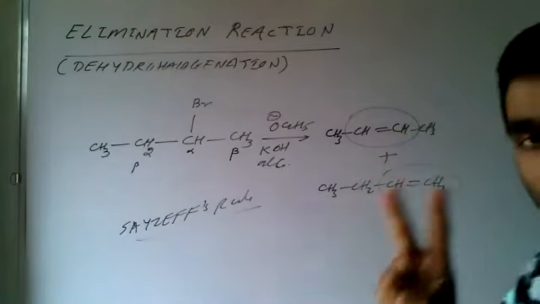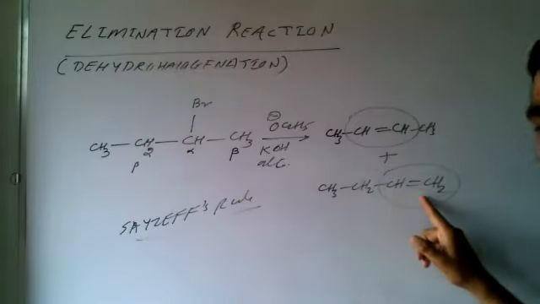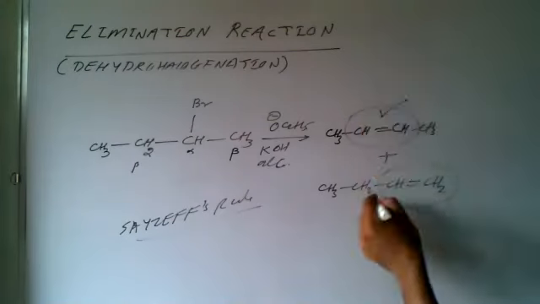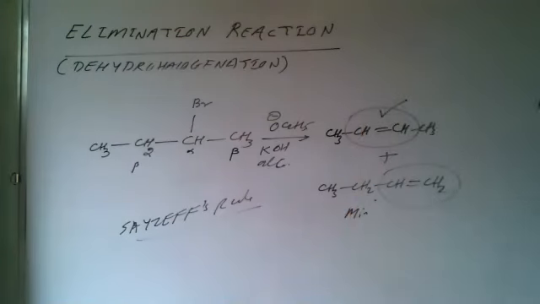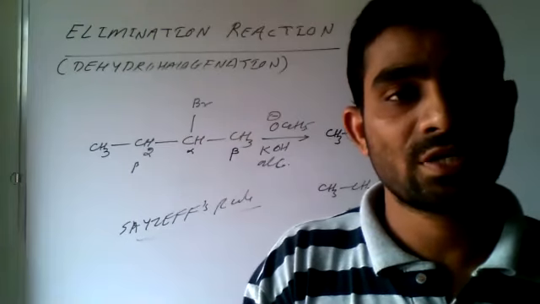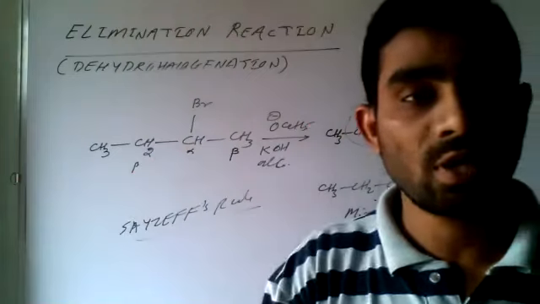Here there are two hydrogens only on the double-bonded carbons, whereas here there are three hydrogens. So this will be major, this will be minor. This is what elimination reaction is about. It is also called dehydrohalogenation, or beta elimination reaction.